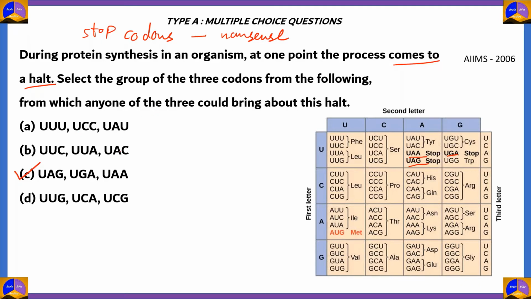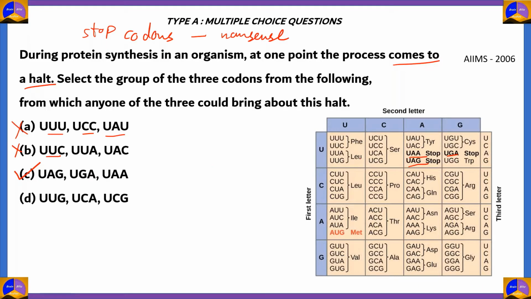If you look at all the others, you find that UUU goes for phenylalanine. However, UCC goes for serine and UAU goes for tyrosine. So that means they are different and they are not stop codons. And UUC is also phenylalanine. That itself proves that this option is incorrect because that's not a stop codon.